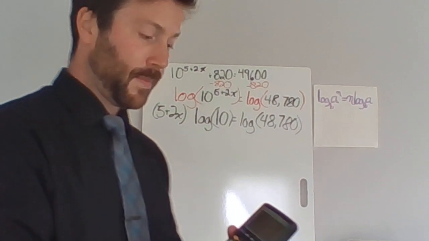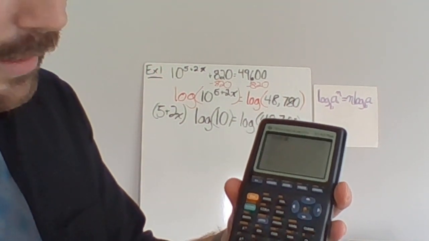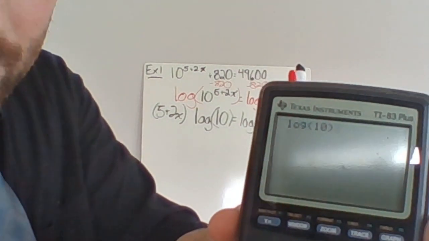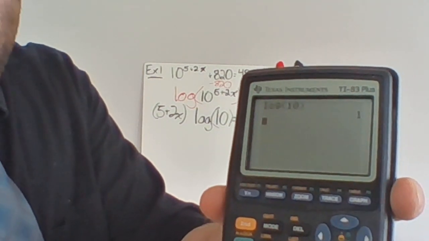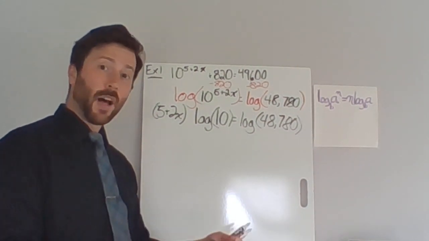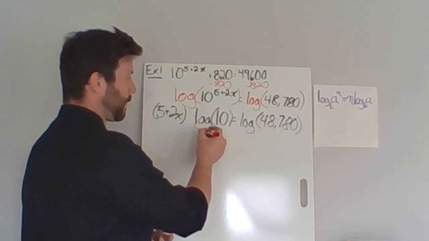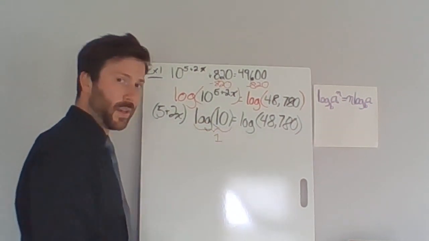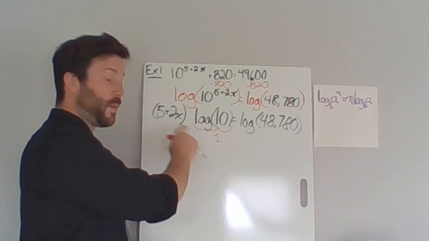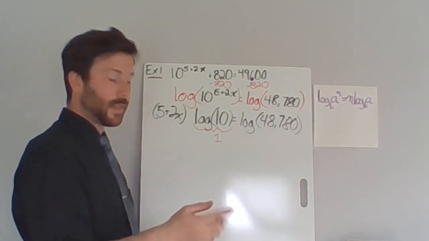Take out your calculator and do log of 10. You get 1. So the log base 10 of 10 is 1. So this whole expression right here is just 1. So this 5 plus 2x that's getting multiplied by 1, anything times 1 is itself.